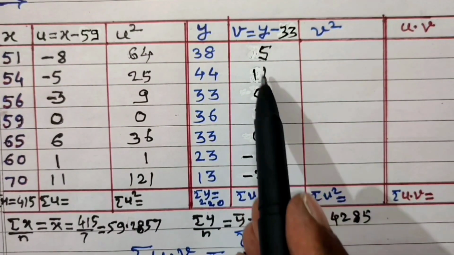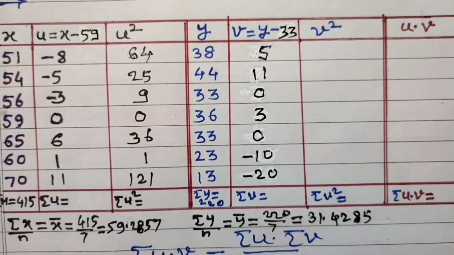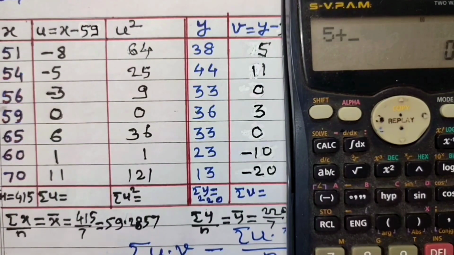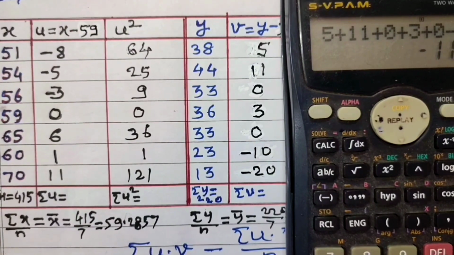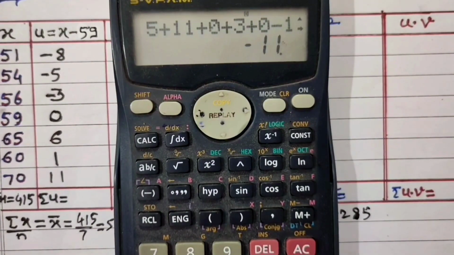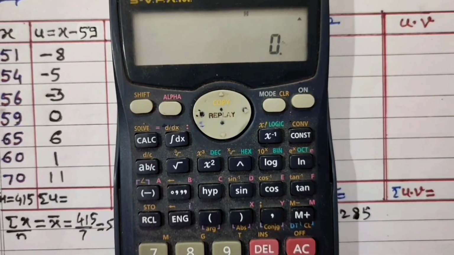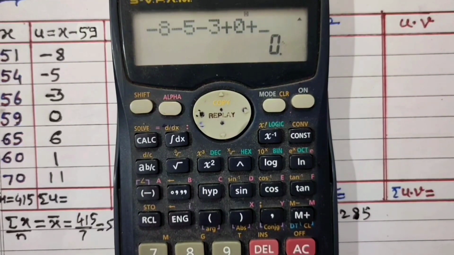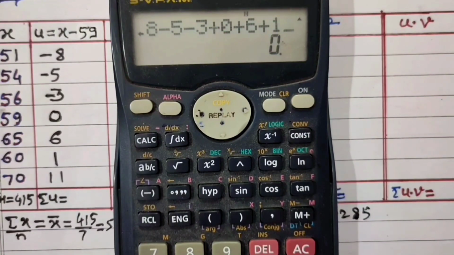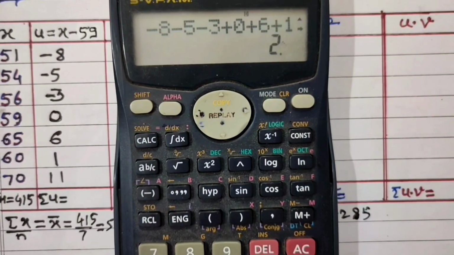Now the sum of all these values, which is equal to 5 plus 11 plus 0 plus 3 plus 0 minus 10 minus 20, and this is equal to minus 11. Let us find the sum of all values of U, that is minus 8 minus 5 minus 3 plus 0 plus 6 plus 1 plus 11, and this is equal to 2.